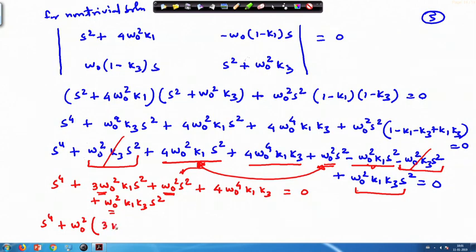Then 3 k 1 s square we will be taking outside. This becomes 1, and here omega 0 s square goes outside. So, this is k 1 k 3, and here this is s square. In the last term we have to put here k 1 k 3, this equal to 0.